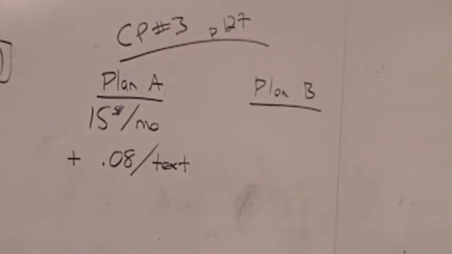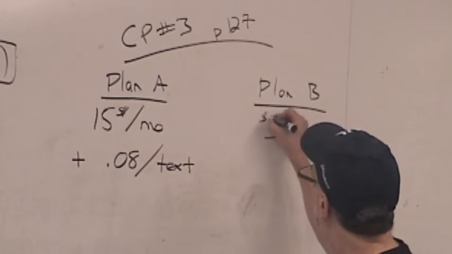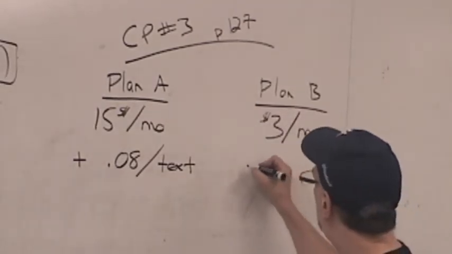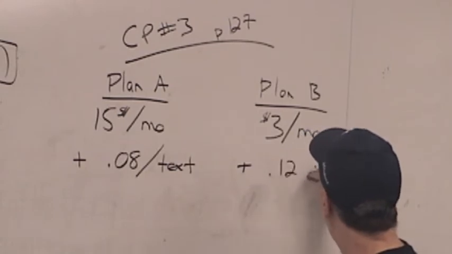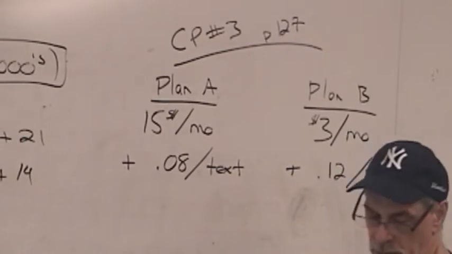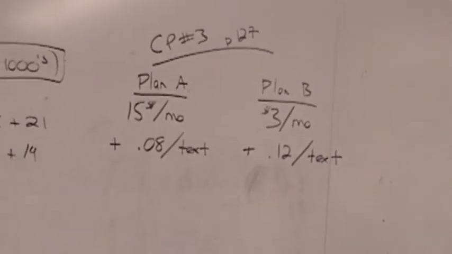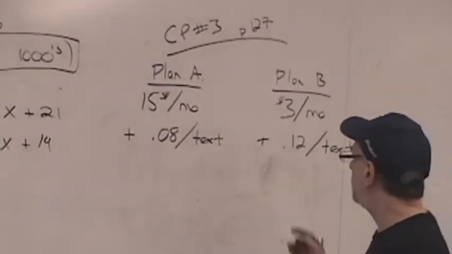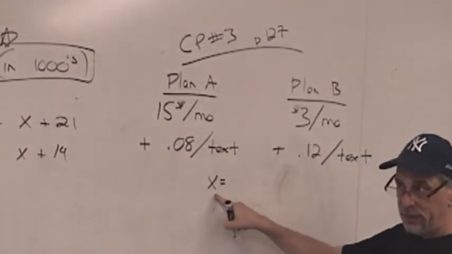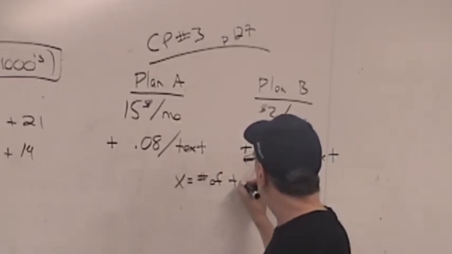And plan B is only $3 monthly fee, but the text charge is 12 cents per text. All right, so the question is how many texts until the 2 plans cost the same. Okay, so how many texts? So we're going to let X be, so I'm labeling this myself, we've got to label the unknown, this is the number of texts.